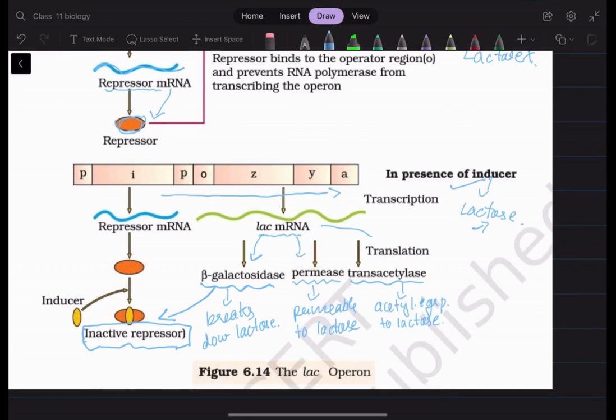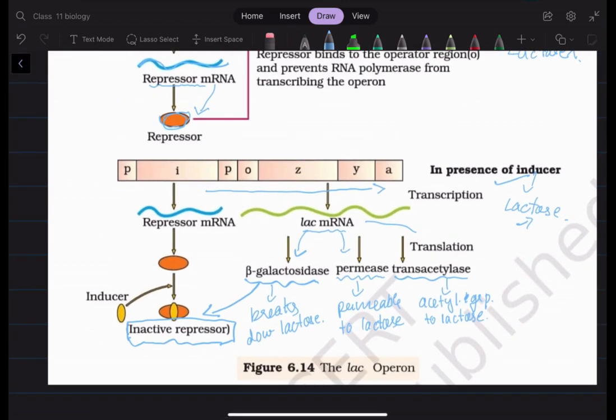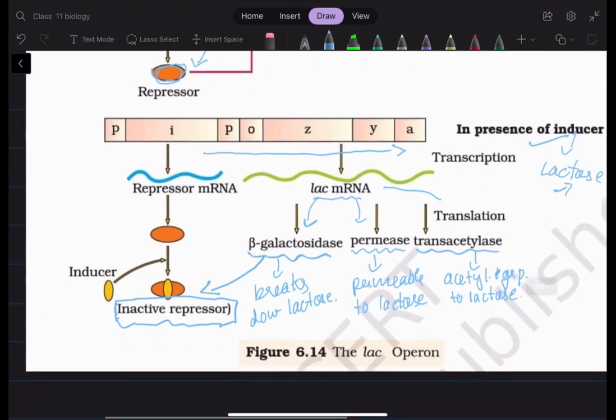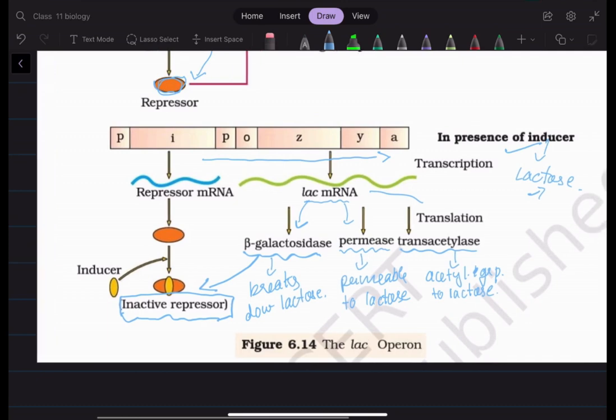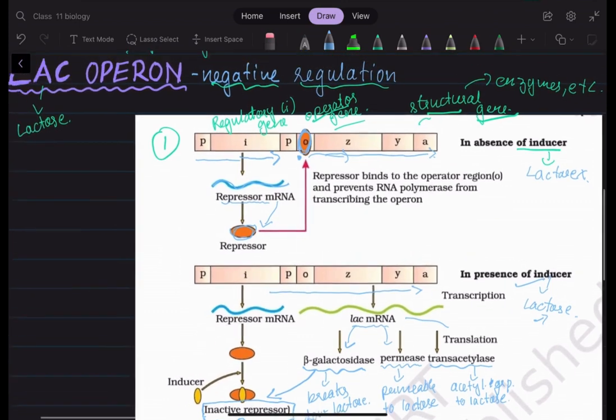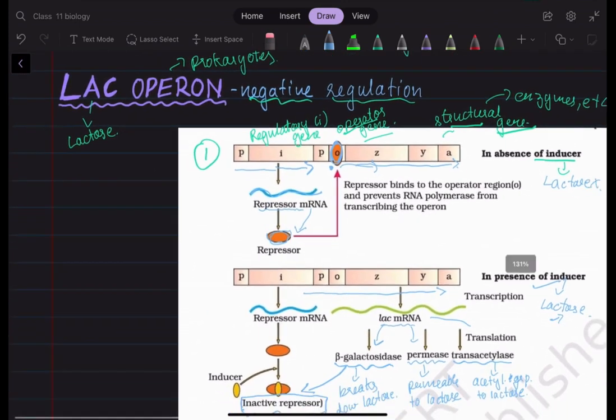But whenever the inducer is present, the repressor binds to the inducer and becomes inactive so that the DNA can further be transcribed to form the lac mRNA, which can produce the enzymes that break down this inducer, that is the lactose. So this is how gene regulation takes place. This is how lac operon operates.